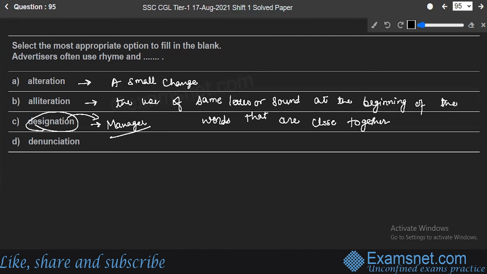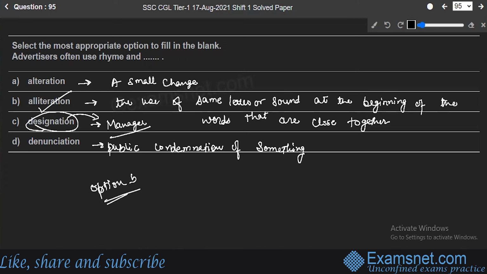Denunciation means a public condemnation of someone or something, right? So let's see this one. Advertisers often use rhyme and alliteration, the use of the same letters or sound at the beginning of words that are close together. So option B is the correct answer to the question.